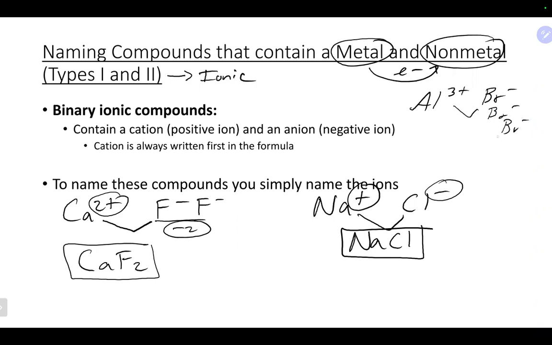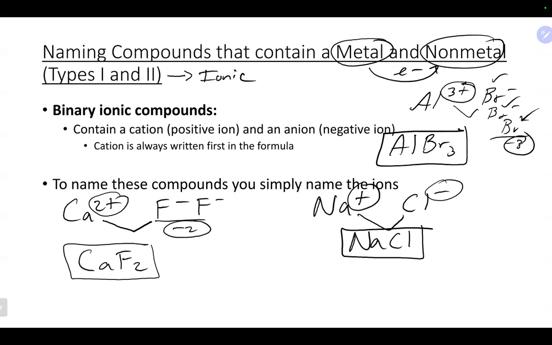That gives us -3, which balances out the +3 that's there. Now all you have to do is count. I have 1 aluminum. I have 1, 2, 3 bromines. And now I have my correct formula there, AlBr3. So again, when we put them together, it balances it out. Any questions on that? Okay.